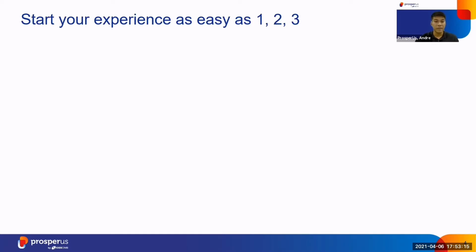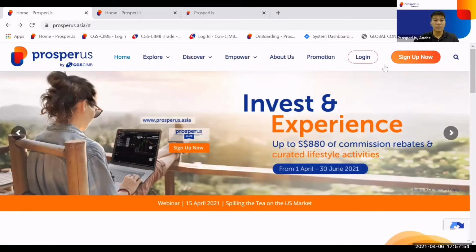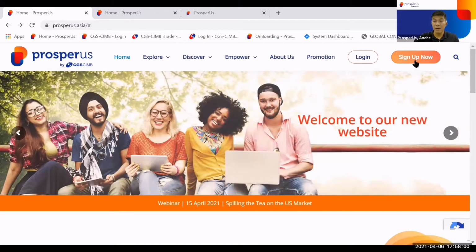All right, let me first take you through the onboarding process. There are a couple of ways you can sign up for an account with us. It is via SingPass, where you have your information stored in MyInfo, or you can manually input that data as well. Okay, so this is our Prosperous website. To sign up for the account, you can simply click on the Sign Up Now button on the top right-hand side here in orange.